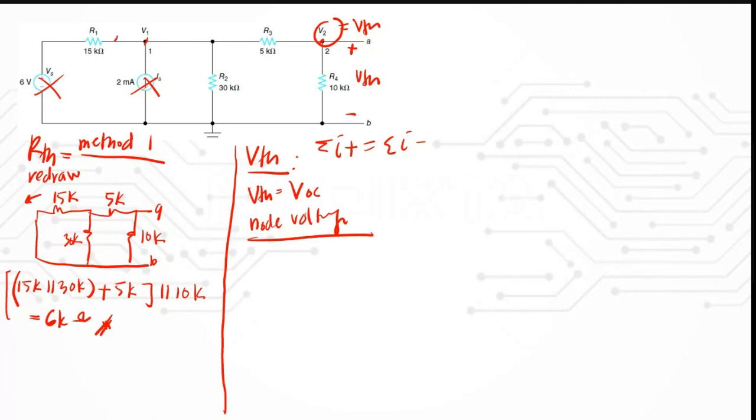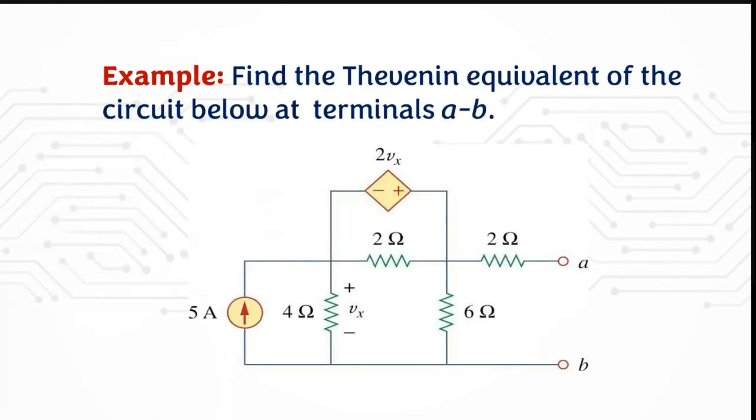So let's say I just put it here like this and follow this current, which is this way and then this way. At node 1 we have these directions, and also this one. We have four branch currents.